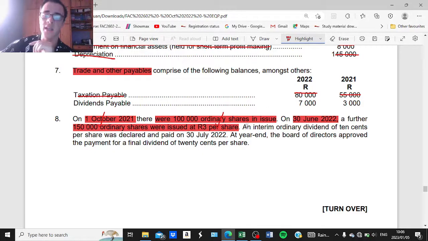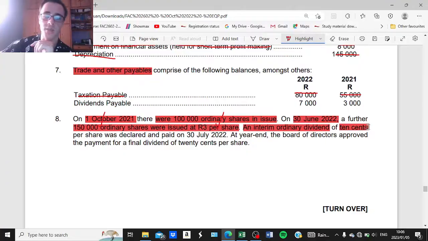Then an interim ordinary dividend of 10 cents per share was declared and paid on the 30th of July 2022, and at year end the board of directors approved the payment for a final dividend of 20 cents per share.